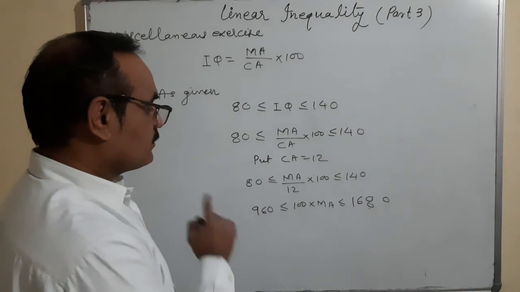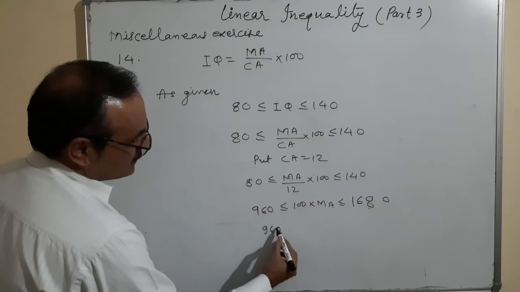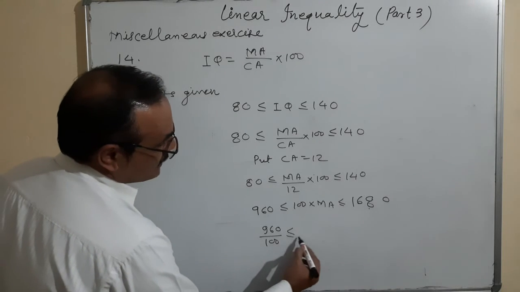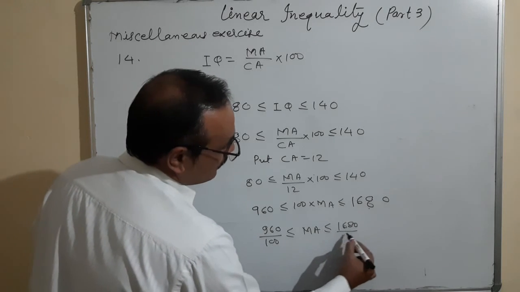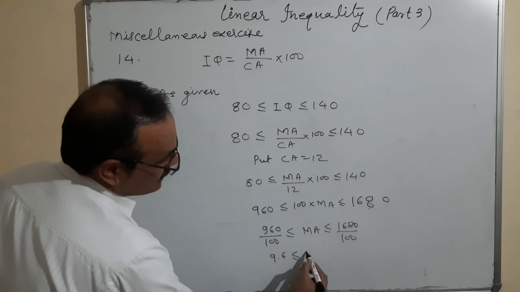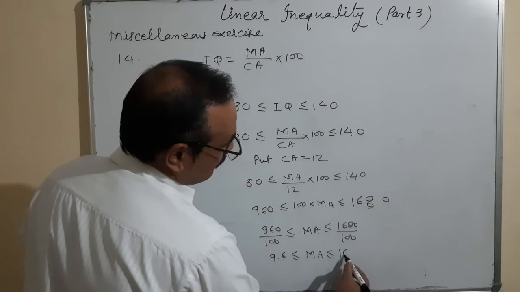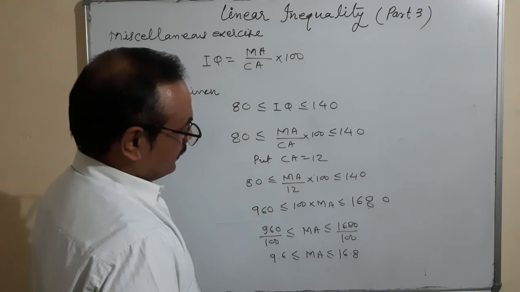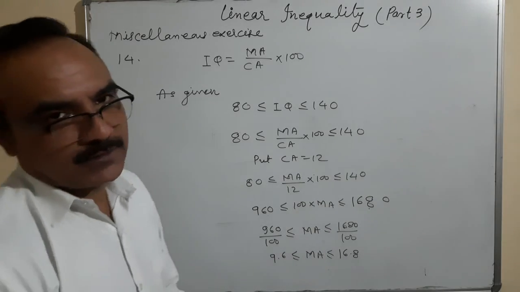And now we'll have to divide by 100. So 960 upon 100 less or equal to MA is less or equal to 1680 upon 100. So it is coming 9.6 is less or equal to MA is less or equal to 16.8. Okay. So the mental age is between 9.6 to 16.8.